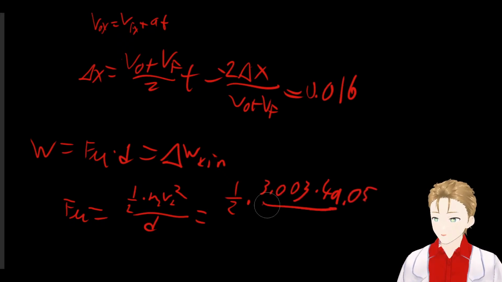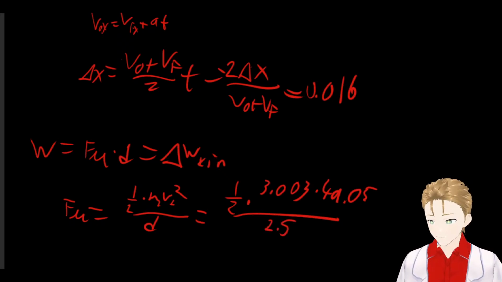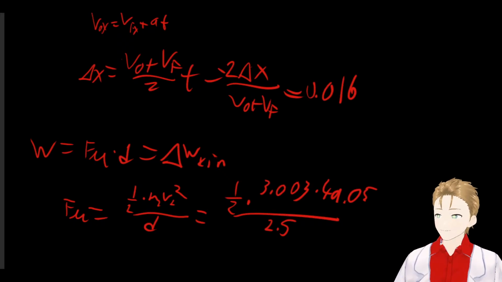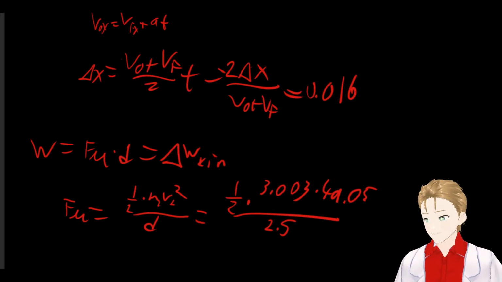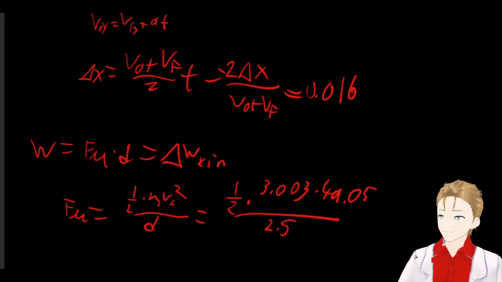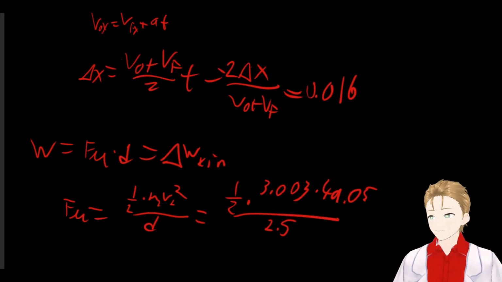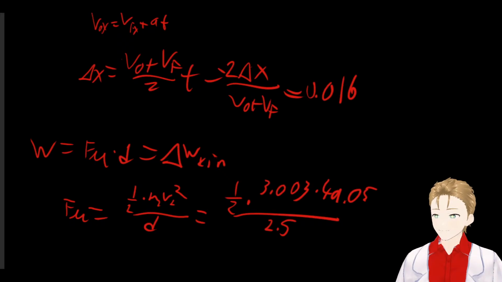0.05 all over 2.5. I get the feeling that's not exactly correct. You know, sneaking suspicion for some reason. Five. Yeah, nah. Oh, right.